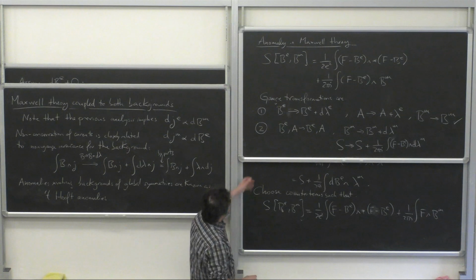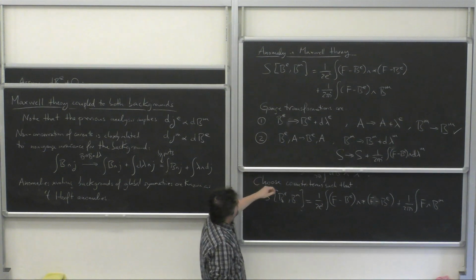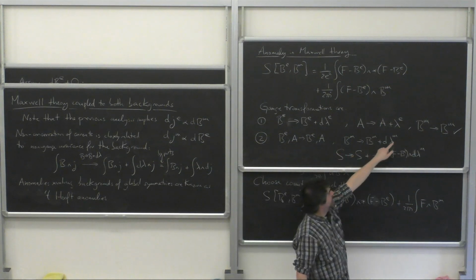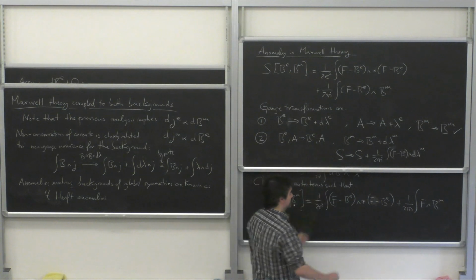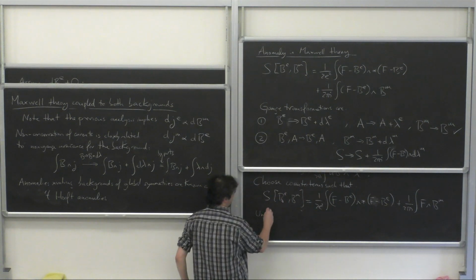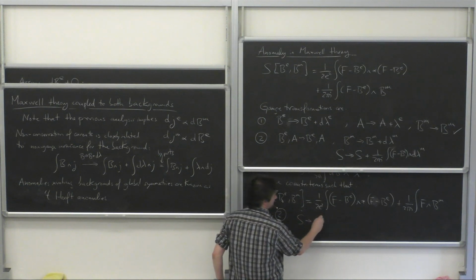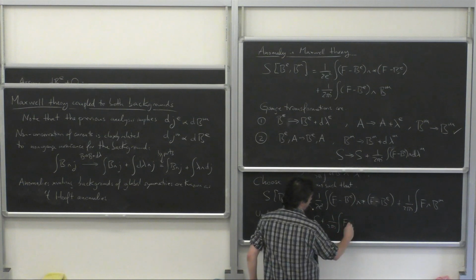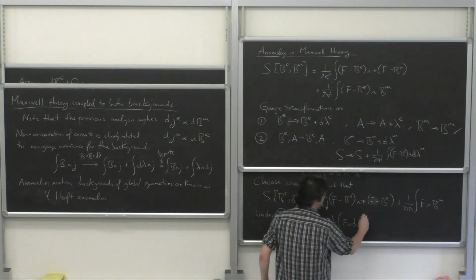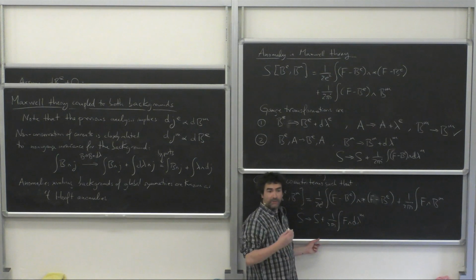In this case, you see that this transformation is okay. It's gauge invariant. So under 2, you get that S goes to S plus 1 over 2 pi i integral of F wedge d lambda M, and integrating by parts, this term vanishes because F is flat.